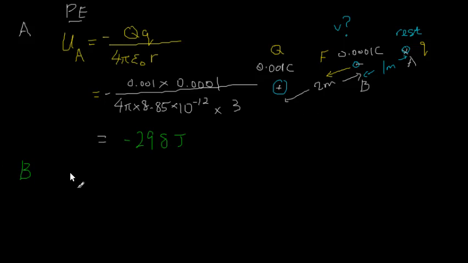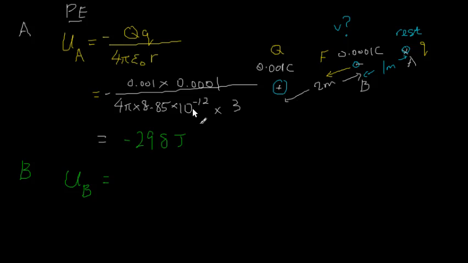At B, I'll let the potential energy be U with the subscript B to remind ourselves that I'm talking about position B, and I would use the same formula as before, except that this time the charges have not changed, but the distance, instead of the 3 meters for A, is now 2 meters from B to the bigger charge.